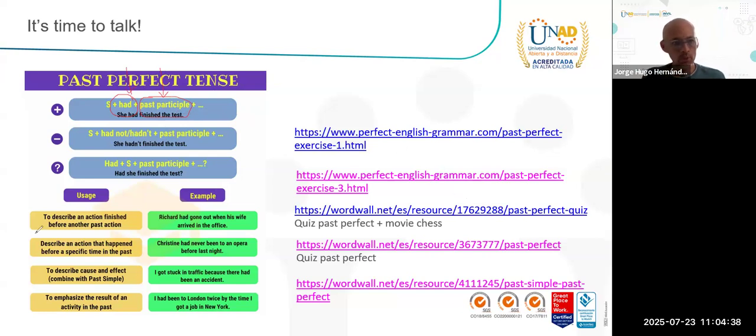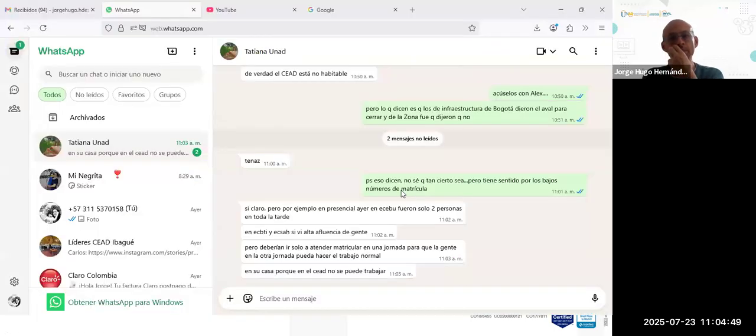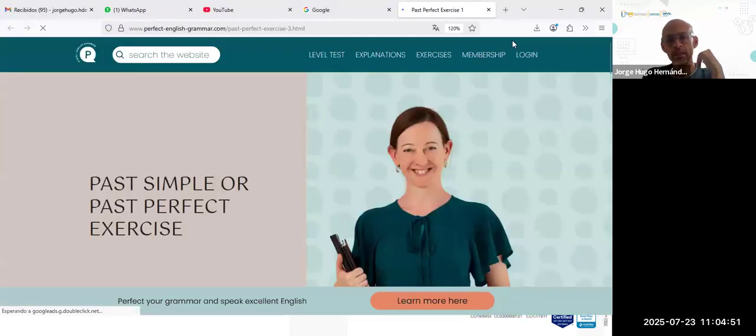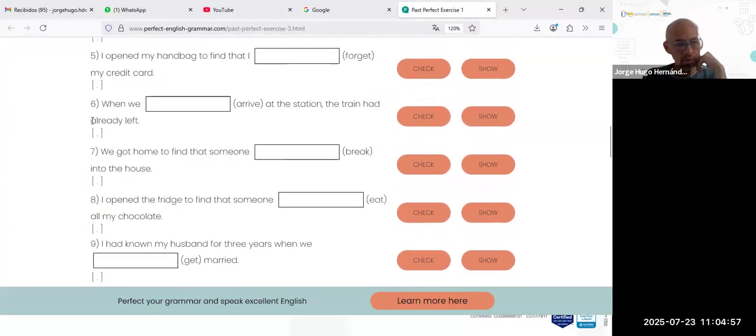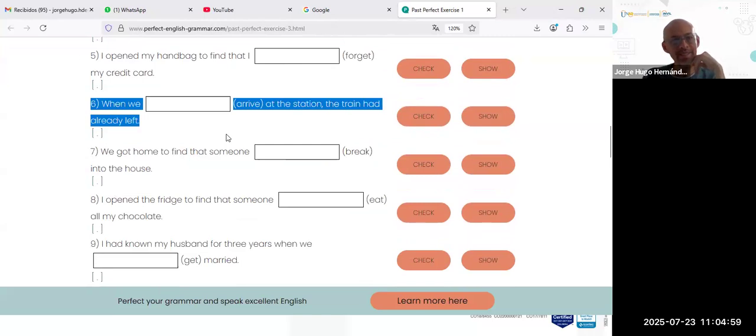Let me show you. This exercise. We started doing this exercise last session, and we finished with sentence number 6.